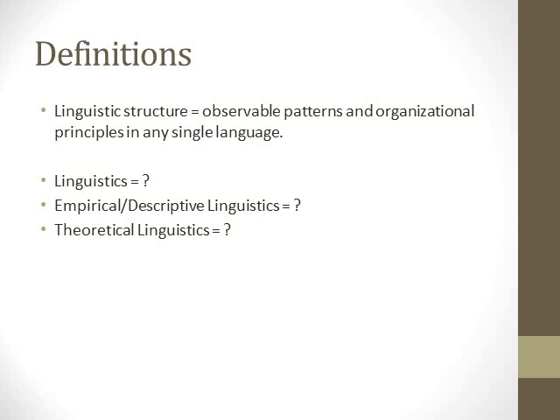Theoretical linguistics is to make the observations to test a hypothesis, to see if you could model the way language works, or to test or refine an already existing model of language. These distinctions are really important, like I said, and we'll talk about them as we go throughout this course to see how they interact and how they affect the way we do linguistics.